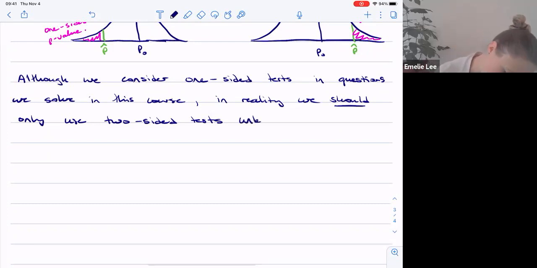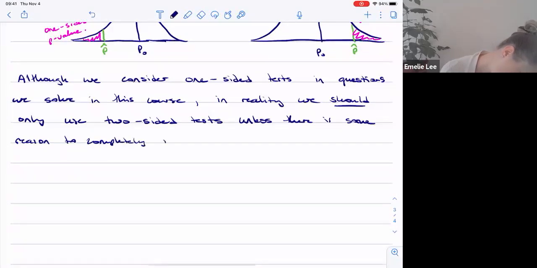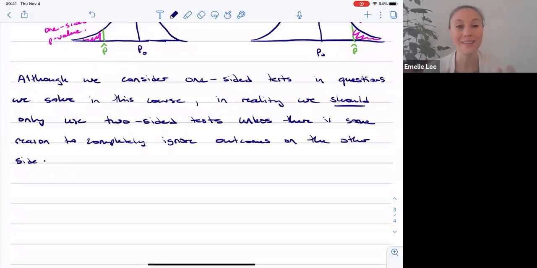And so unless there is some reason to completely ignore outcomes on the other side, right? That's rarely the case.